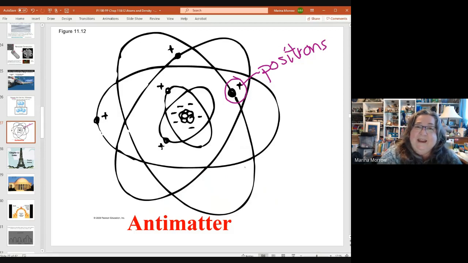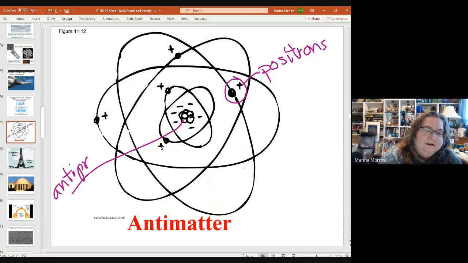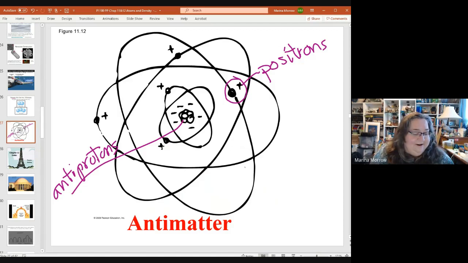It has negative protons, which are called antiprotons. And it even has antineutrons, although since they're neutral, they're very similar to regular neutrons. But the idea is that you actually have this different set of materials that can be used to make matter.